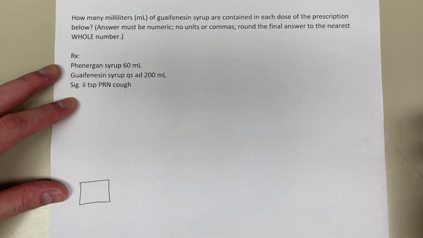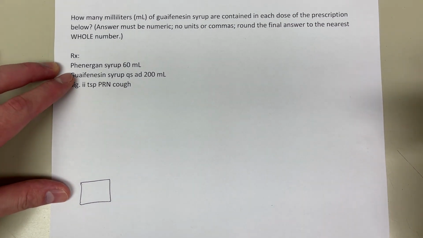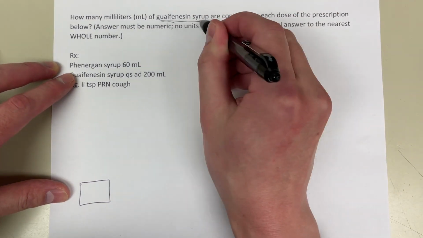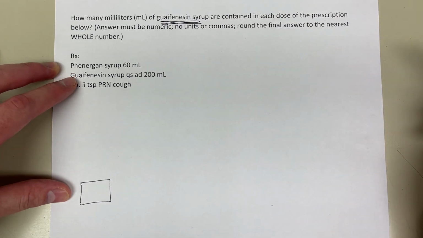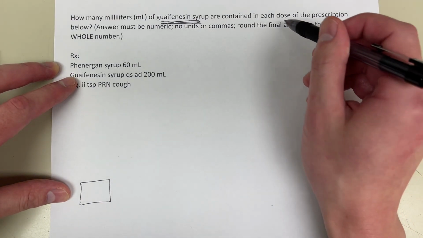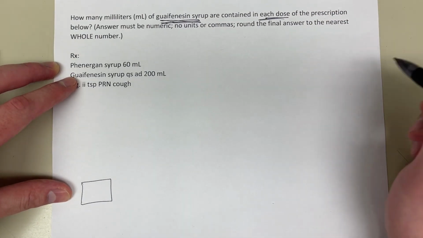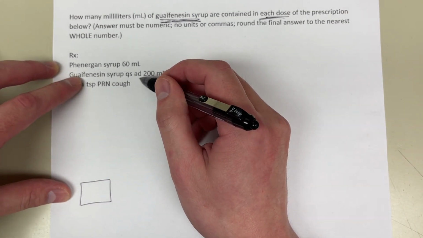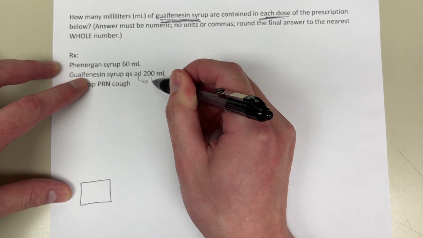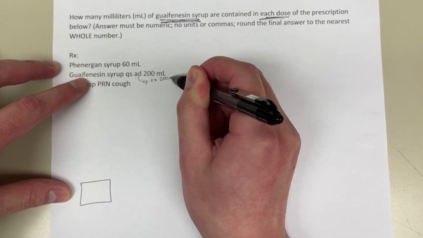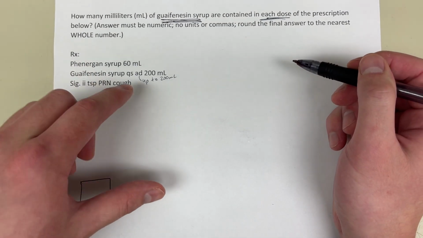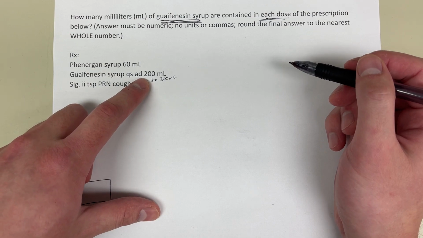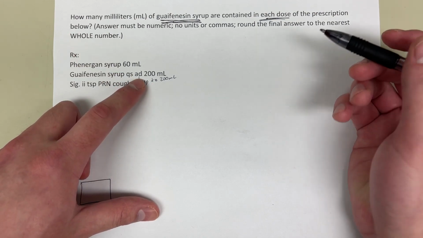So the first thing to calculate is how much Guaifenesin syrup is there, because that's what the question is asking: how many milliliters of Guaifenesin syrup in each dose. So Guaifenesin is QSAD, which means up to 200 milliliters. So it's not 200 milliliters, it's 200 minus the other ingredients.